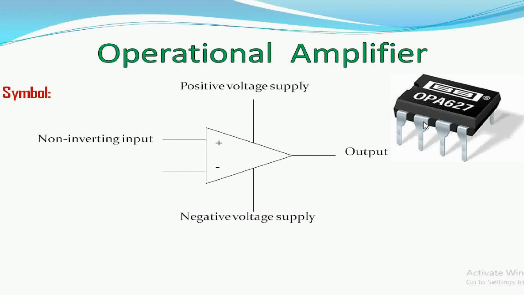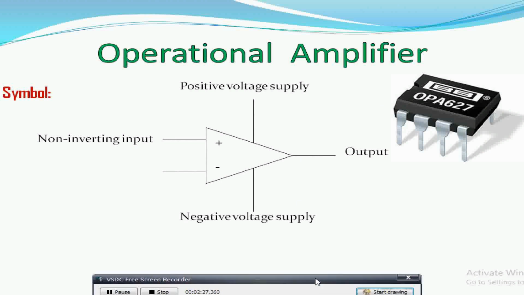So this is your op-amp. Here it is 4 pins, and on that side we have 4 pins, totally 8 pins. This is a 741 op-amp, 741 IC. So this is your non-inverting and this is your inverting.